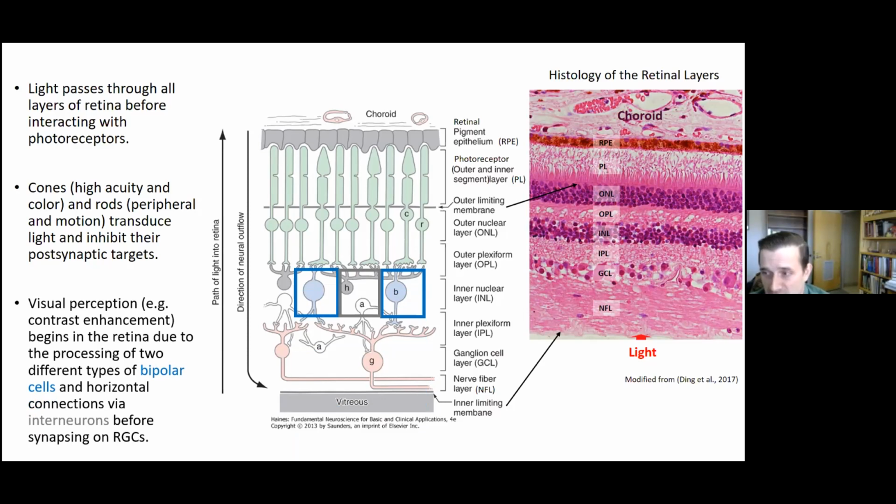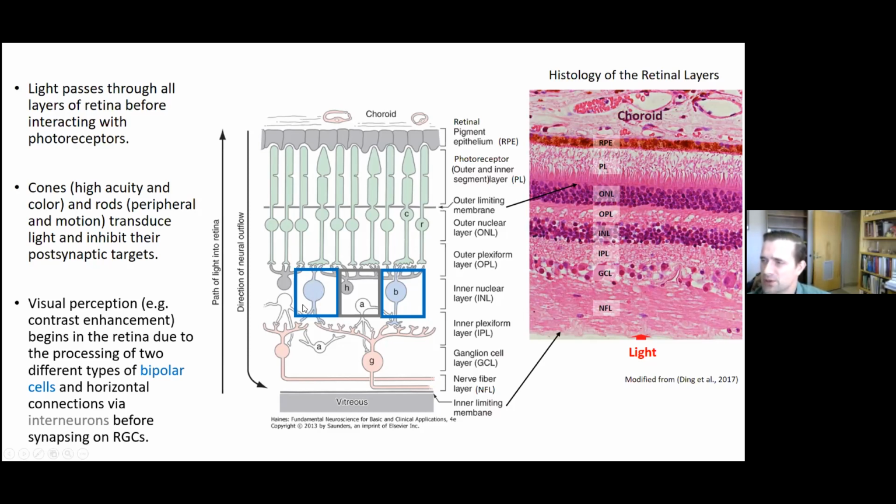Visual perception begins in the retina due to the processing of two different types of bipolar cells and their connections with horizontal cells via interneurons before they actually synapse on those retinal ganglion cells. So if you look here, you've got these bipolar cells that are in blue.